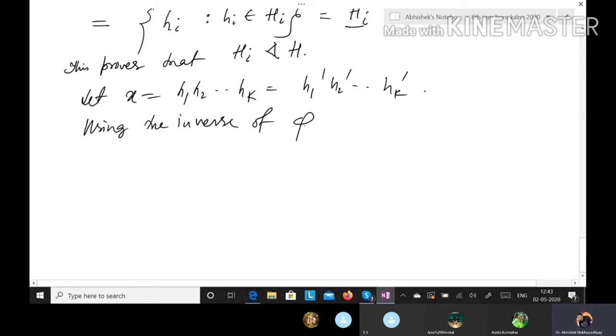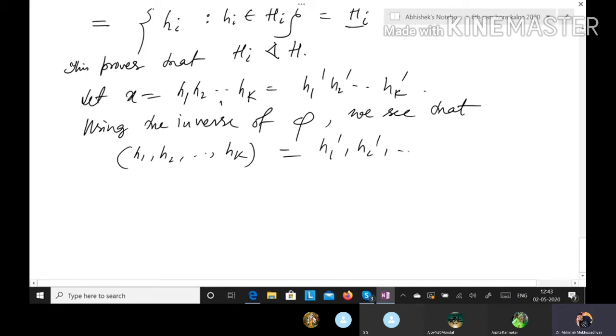Using the inverse of phi, we see that this element will go to h1 h2 hk and this element will go to h1 dash h2 dash hk dash.